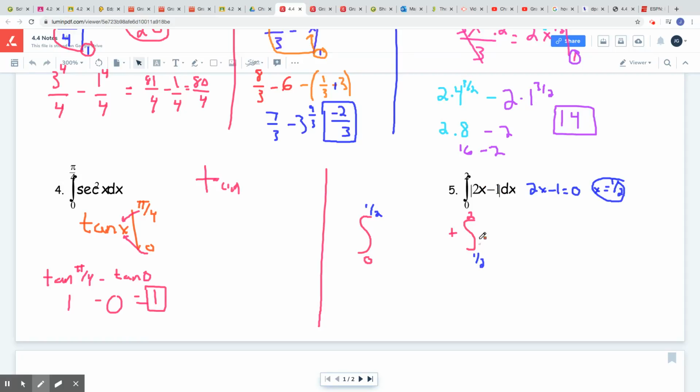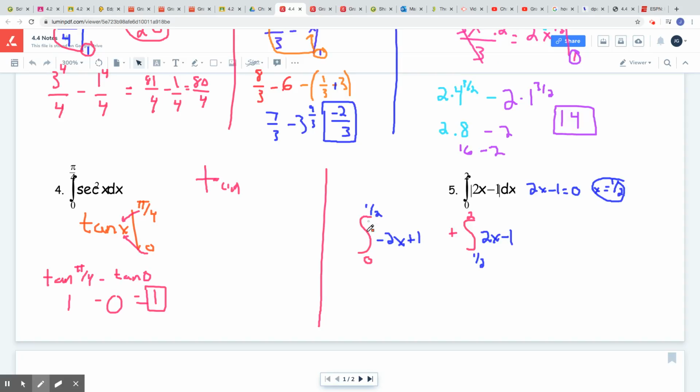So anything between 1/2 and 2 makes whatever's in the absolute value positive, which means we write it as 2x minus 1. If I get a negative, I take the opposite of it. Anything between 0 and 1/2, let's say a fourth: 2 times a fourth is 1/2, 1/2 minus 1 is negative 1/2. Since that's a negative, we take the opposite of that, which is negative 2x plus 1.